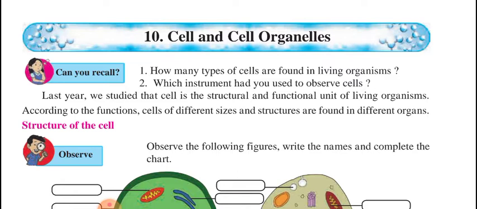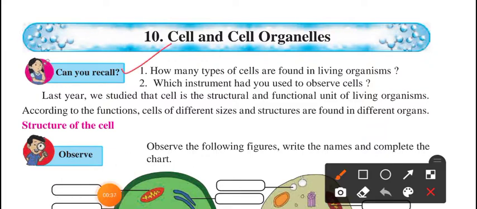Before we start this chapter, we will recall a few points. Point number 1. You can observe here on the screen. How many types of cells are found in living organisms?